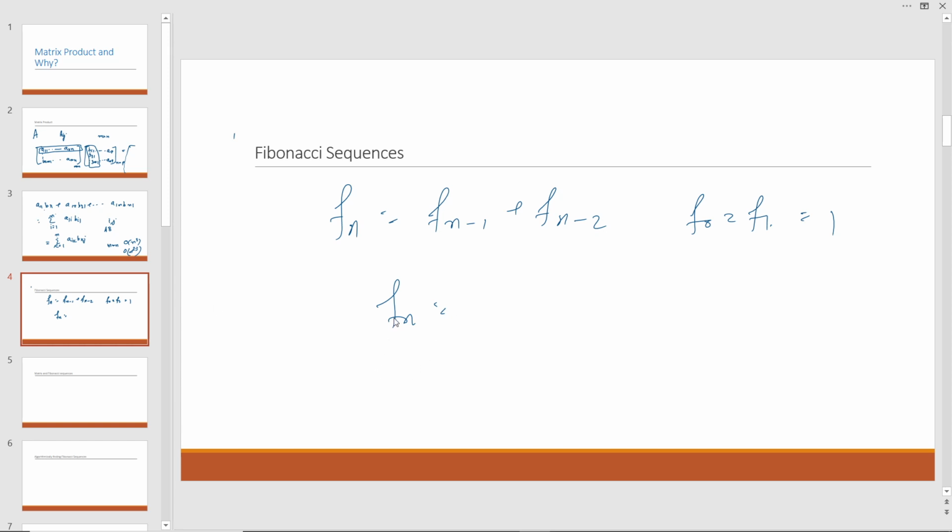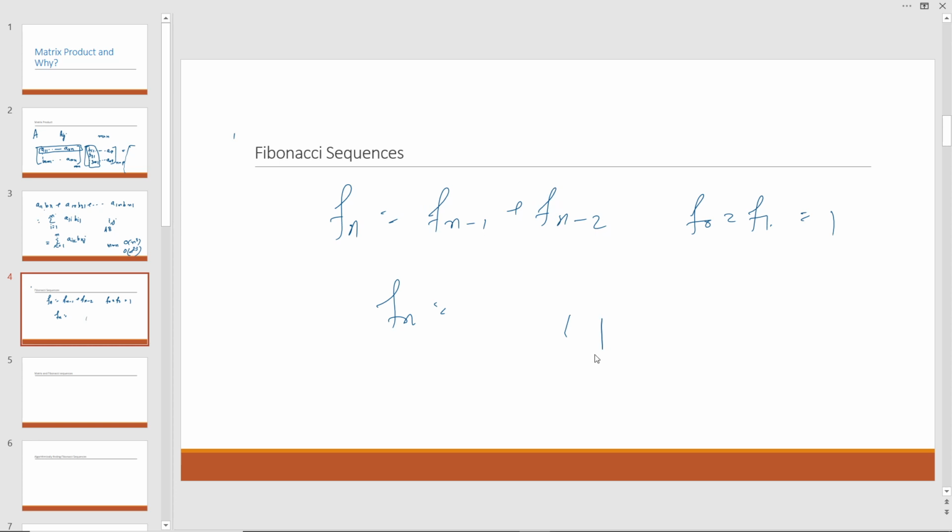So, we can write this linear recurrence, that is 1, 1. If you see f_n, the first term is 1, and the 1 is being multiplied with f_{n-2}.